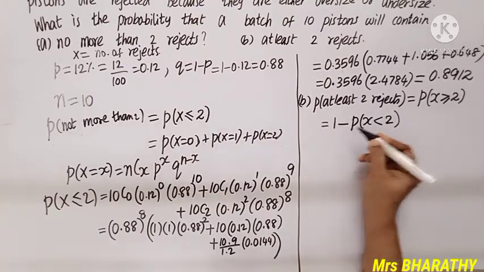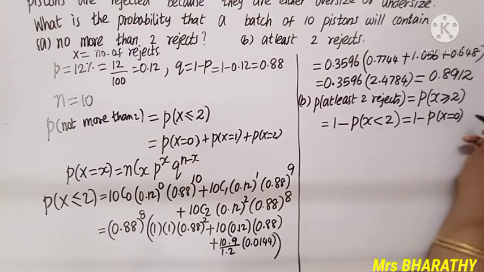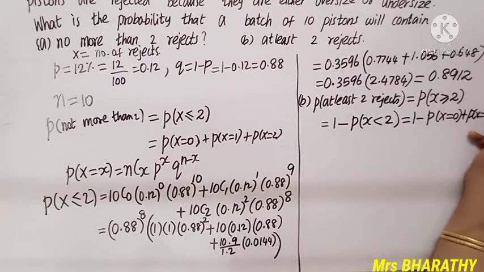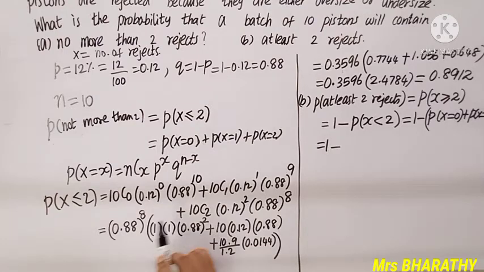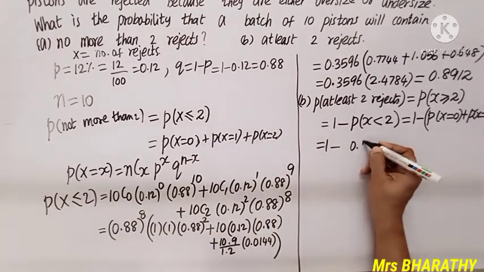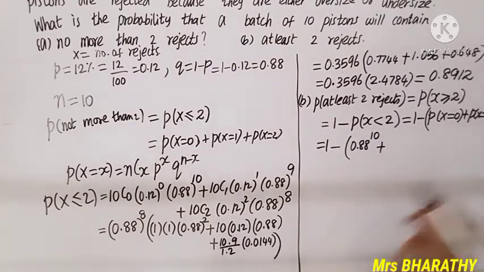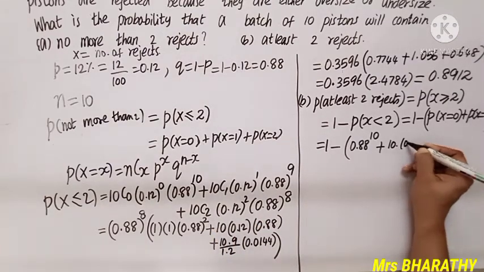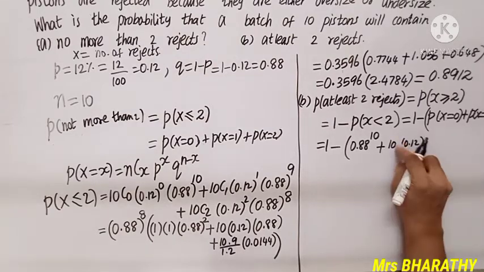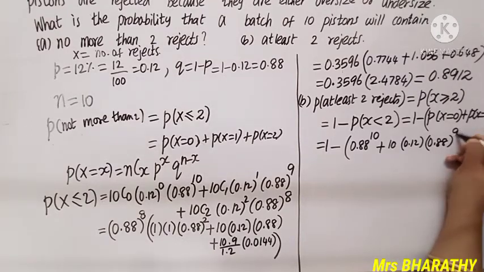1 minus x less than 2 tells me either x value 0 or x value 1. Already we have calculated x value 0. My answer is 0.88 power 10 plus p of x is equal to 1. This answer, 10C1 is 10, 0.12, 0.88 the whole power 9.